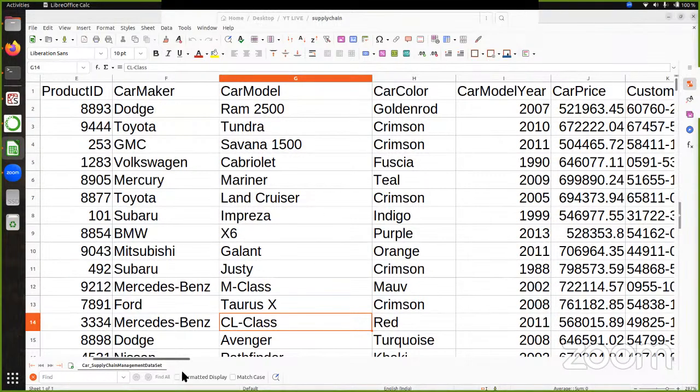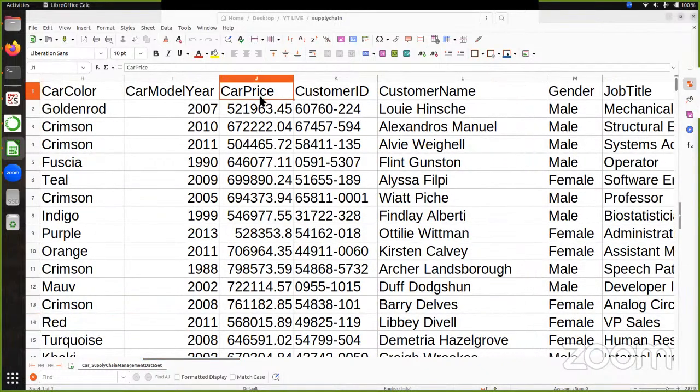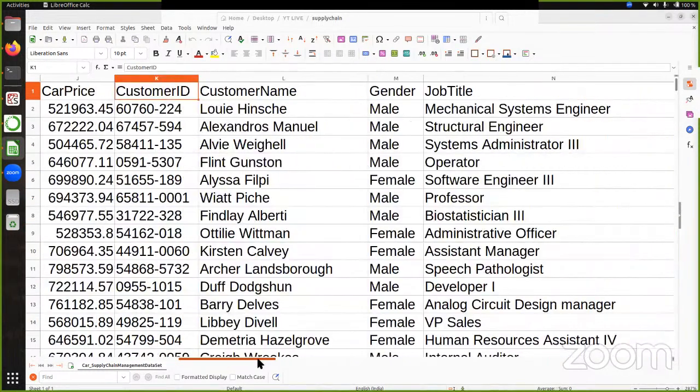Okay. And then we will have the price of the car. Okay. How much did this car cost? Okay. And what was the consumer details? So we have some consumer details as well. So what do we see in this data so far?